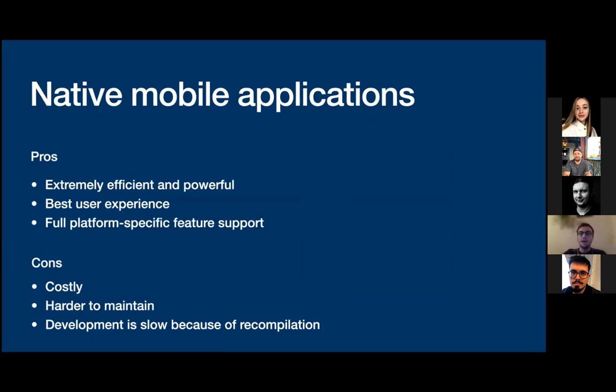Now, why is that? Unlike web applications that run in the browser and talk to browser APIs to visualize things and to be interactive, native apps talk to device hardware directly. It's possible because such apps are compiled using the same language that the platform hosting them is written in.